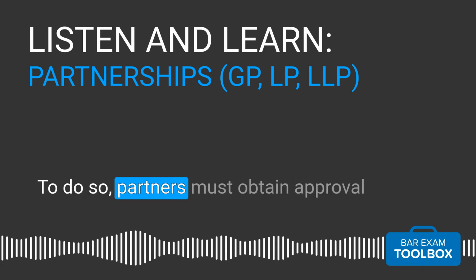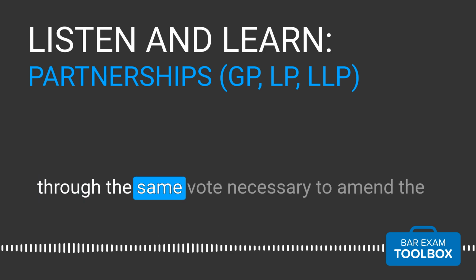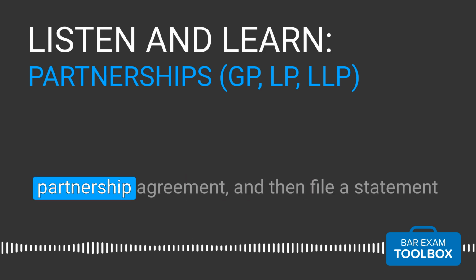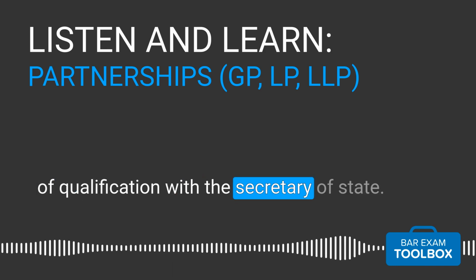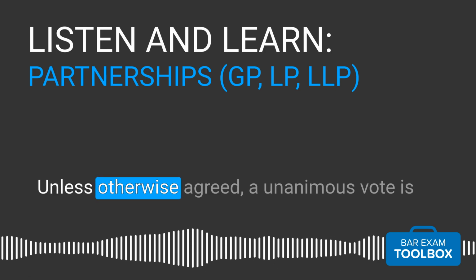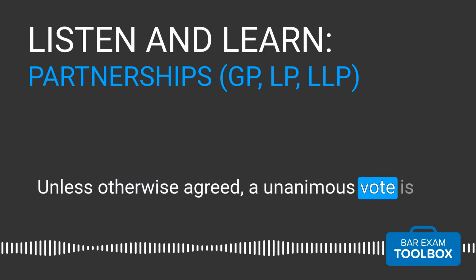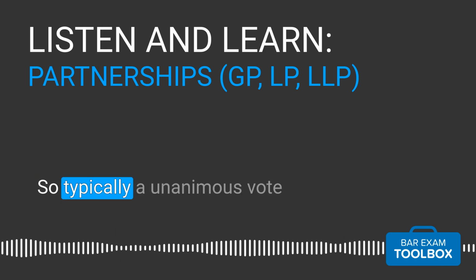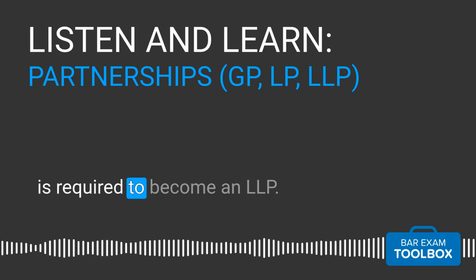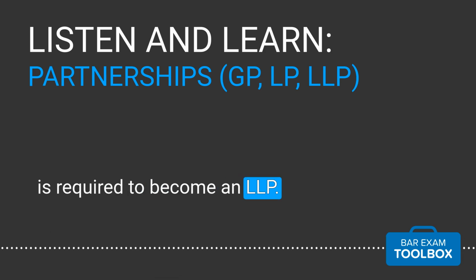To do so, partners must obtain approval through the same vote necessary to amend the partnership agreement and then file a statement of qualification with the Secretary of State. Unless otherwise agreed, a unanimous vote is required to amend a partnership agreement. So typically, a unanimous vote is required to become an LLP.